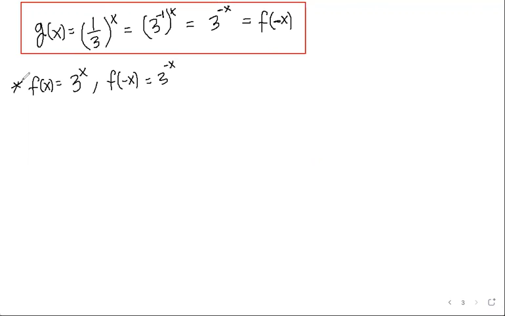So to graph 1 over 3 to the x, write it as 3 to the minus x. Then we graph the original function, f of x equals 3 to the x, and then we reflect it around the y-axis because the minus is in the exponent.